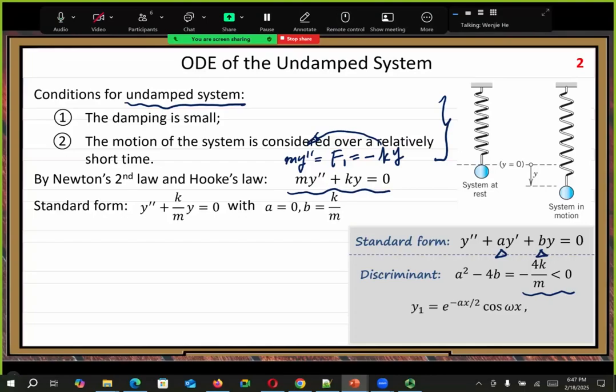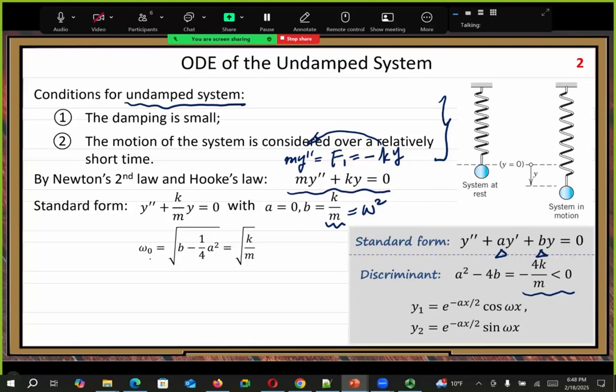So y1 is this form, y2 that form. So the omega, we know this is omega squared. Here we use the notation omega 0.